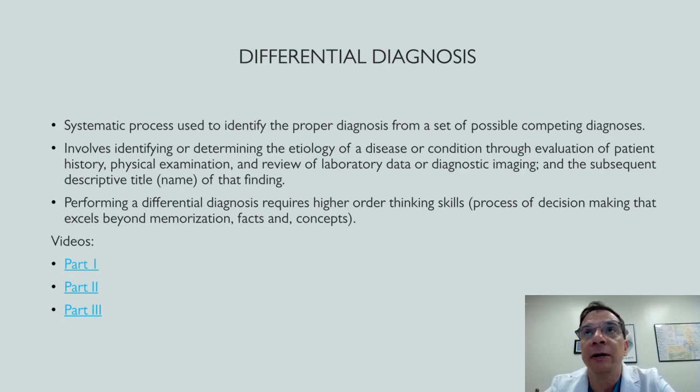You normally have a set of possible competing diagnoses, and once you study the patient more deeply, you start working with a single diagnosis. And here you have some videos that I recommend you watch carefully. They are very good videos that teach you the basis of how to make a differential diagnosis.